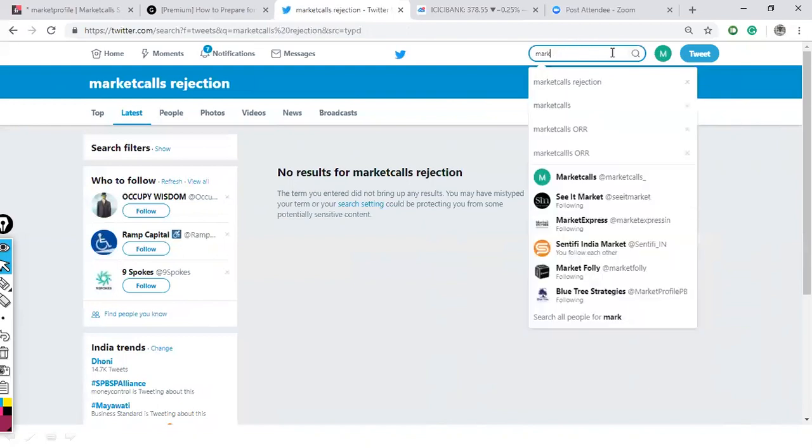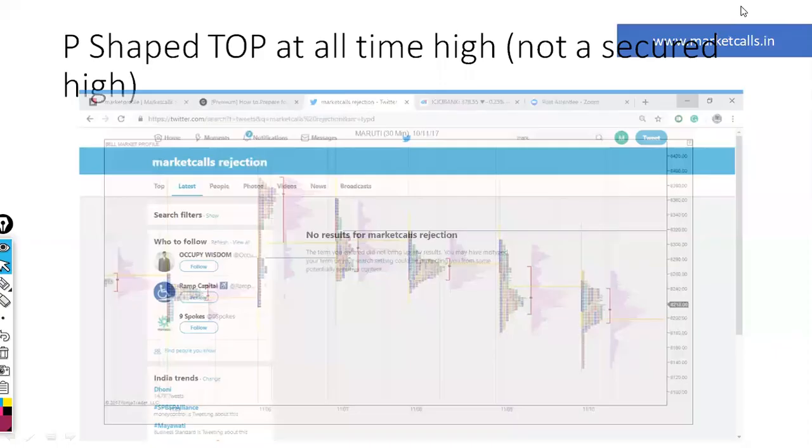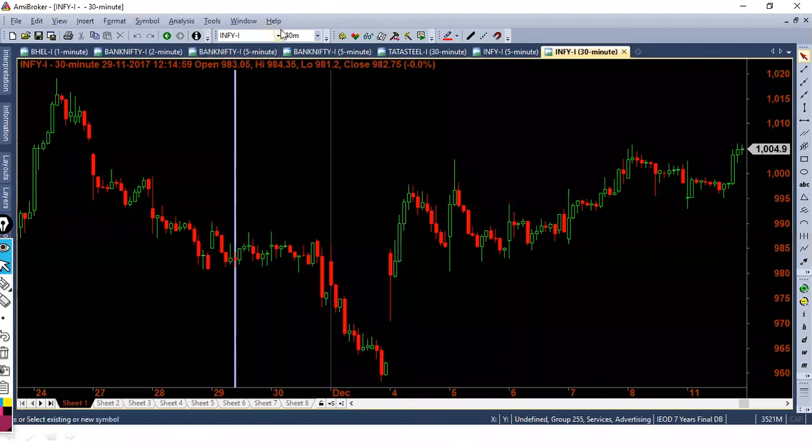Okay, maybe the search settings might have some limitation. It may not search more than a year of data points. But when Sun Pharma bottomed out, one of the days it bottomed out, maybe I can show you from this. I can show you Sun Pharma.